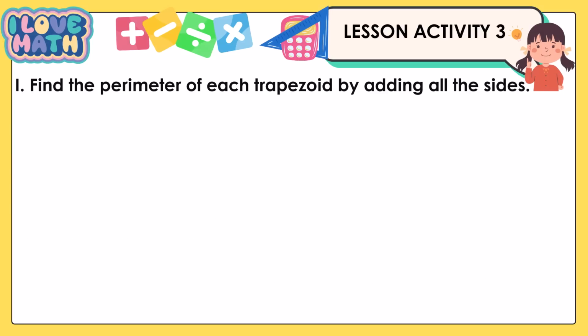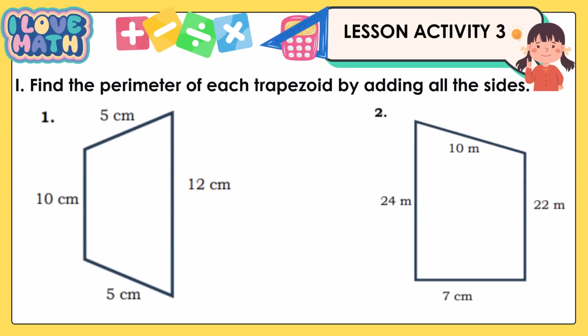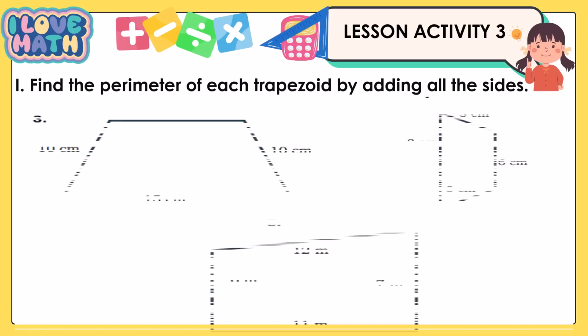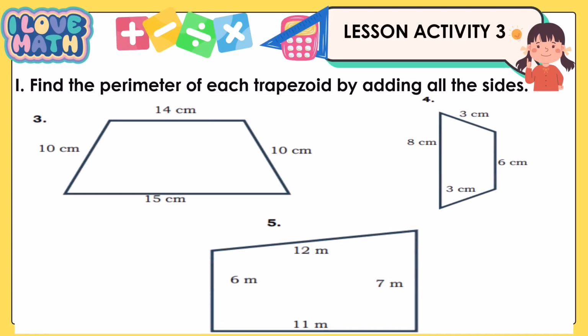Lesson activity number 3. Find the perimeter of each trapezoid by adding all the sides. Here are numbers 1 and 2. For numbers 3, 4, and 5, here it is.